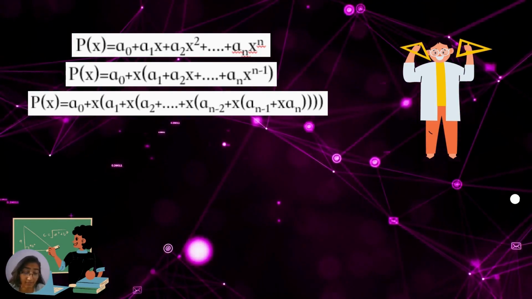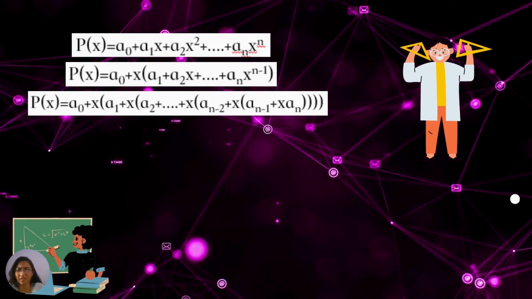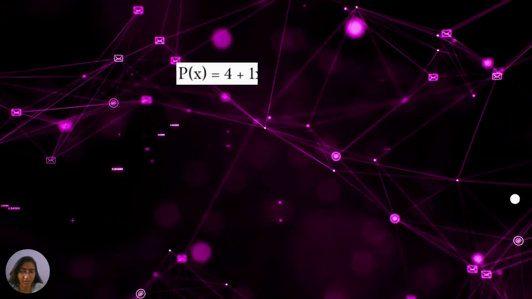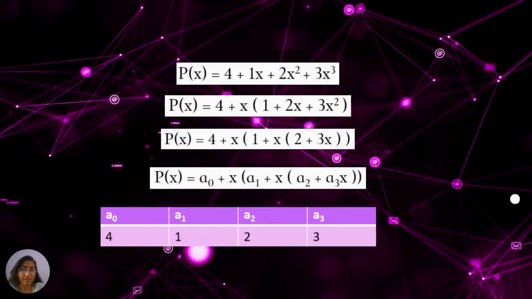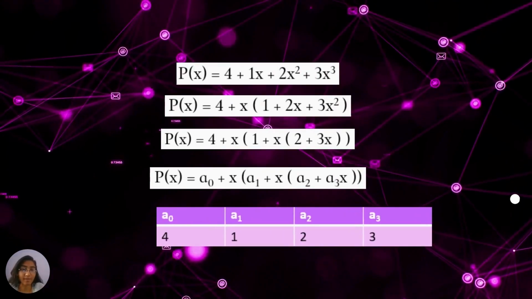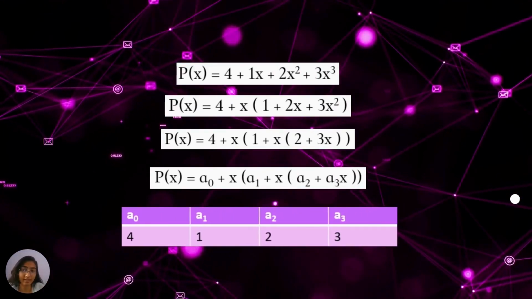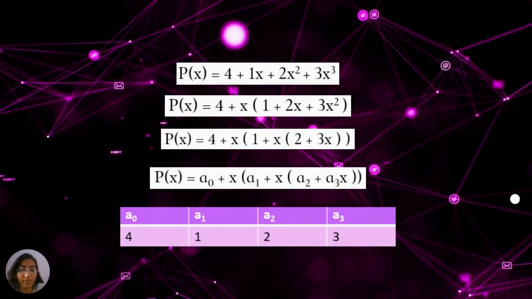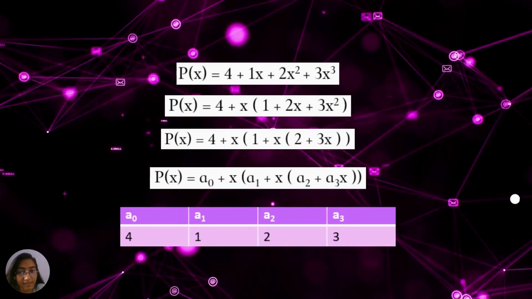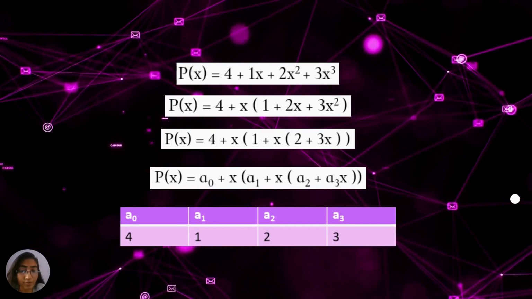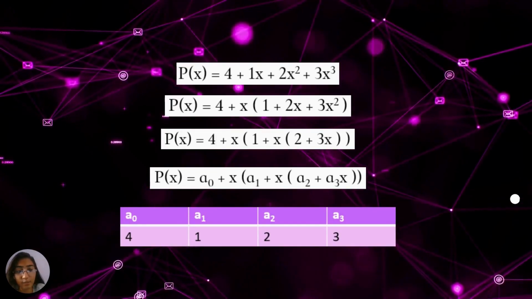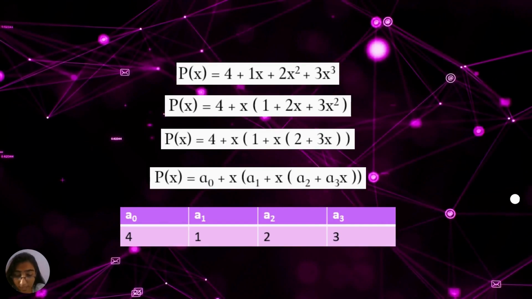It is a difficult expression to understand, so let's take one example. Suppose we have the expression p(x) is equal to 4 plus x plus 2x squared plus 3x cubed. Now we take the second step, that is p(x), we take x common. So 4 plus x, in the bracket we have 1 plus 2x plus 3x squared.